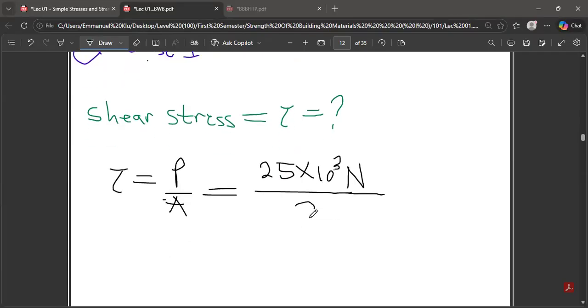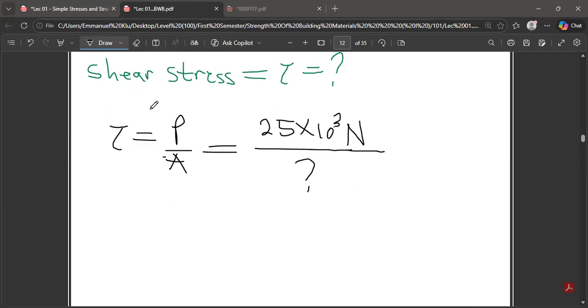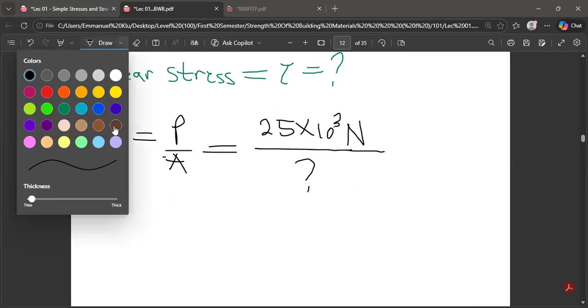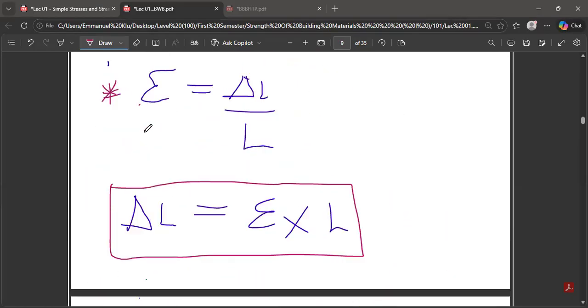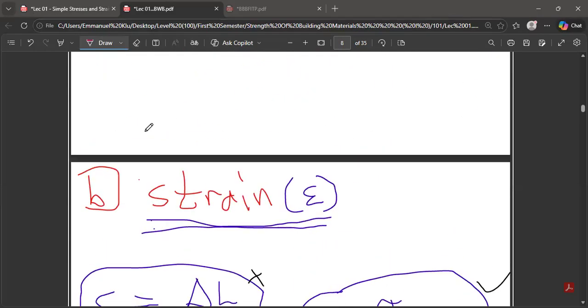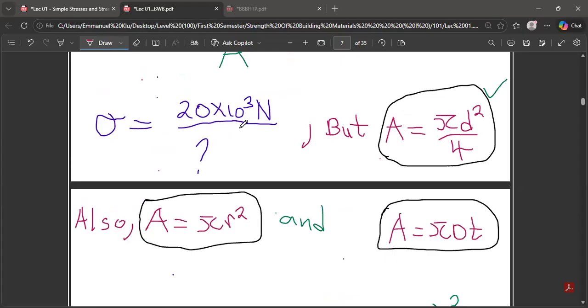The area is unknown. But in this case, I told you the one we are going to adopt, because it is D we were given. We are not given radius, so why do you go and use a radius formula? Come and see the three formulas for the area I gave you over here. Take a very clear look at them. The first one has diameter in it. The second one has radius.